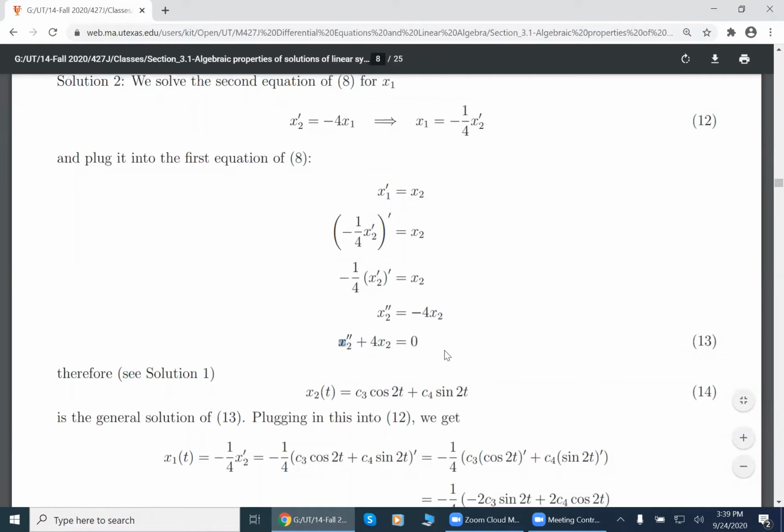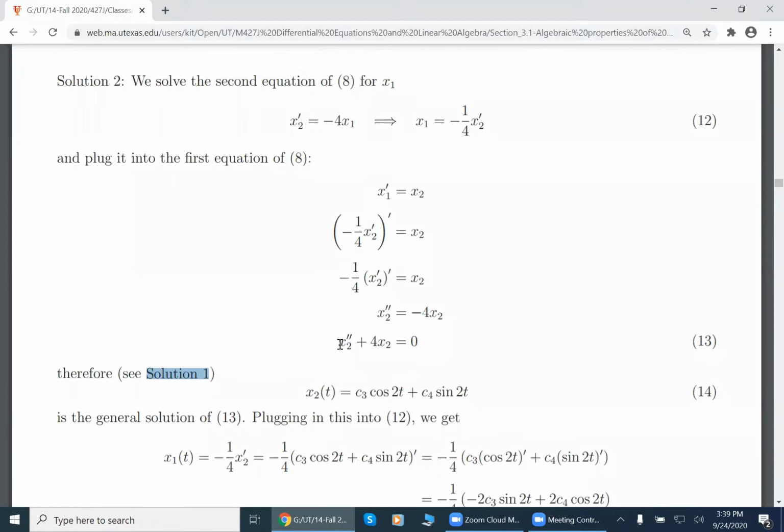In solution 1, we already solved this equation. However, in solution 1, instead of x2, we had x1. So we replace x1 by x2. x2 is equal to constant times cosine plus constant times sine.